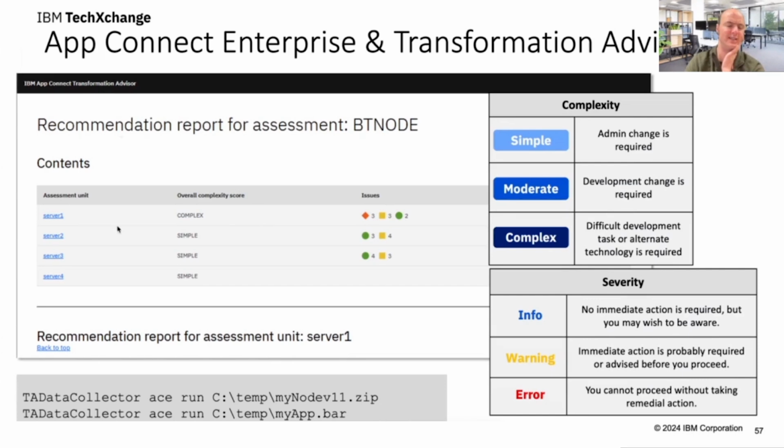So here I've analysed a backup with 4 servers, and each server gets a different rating of how much complexity there is in moving it to the latest version or moving it from an on-premise installation to an independent container-based installation. And so here's an example of the reports.